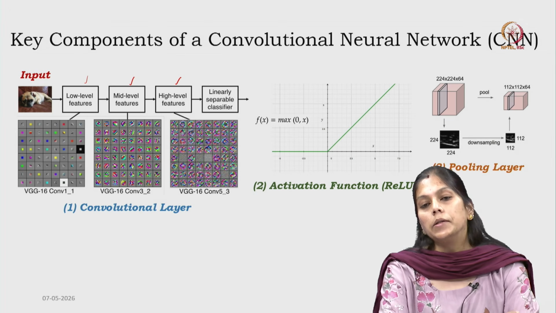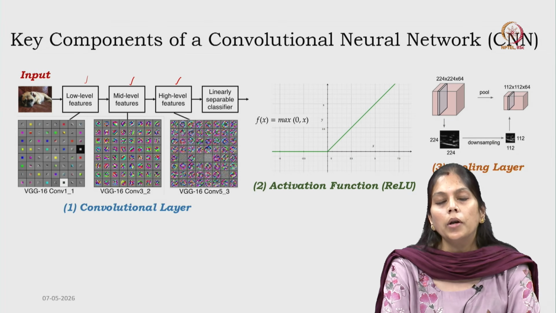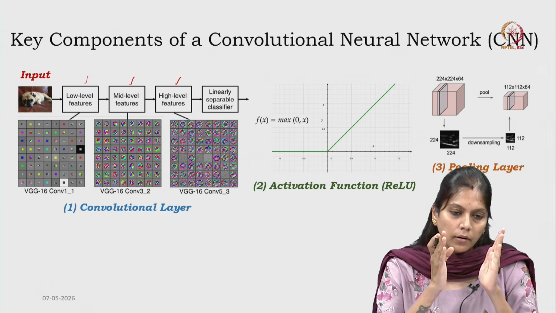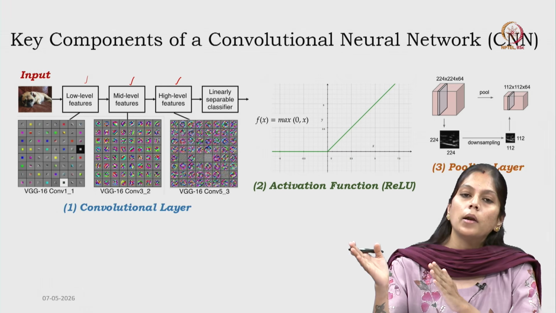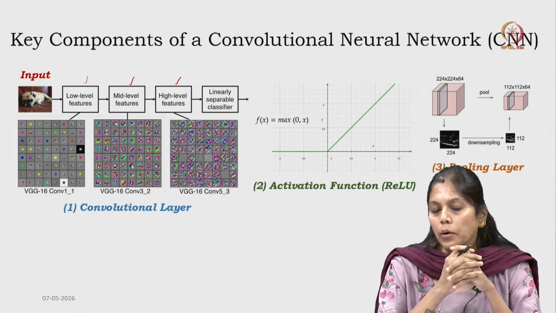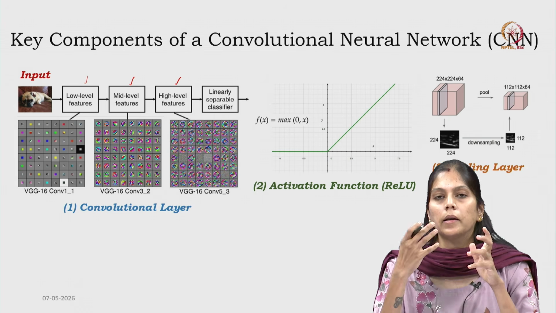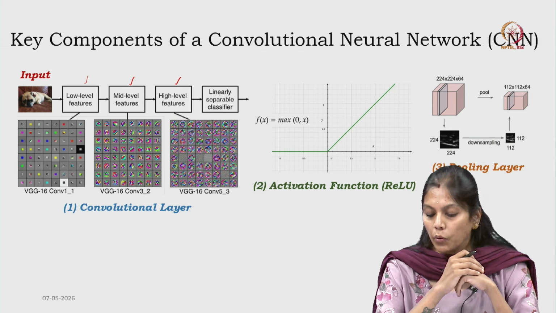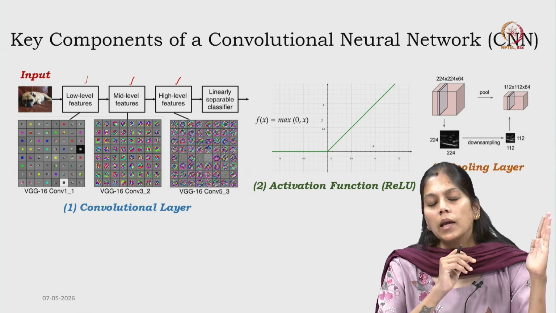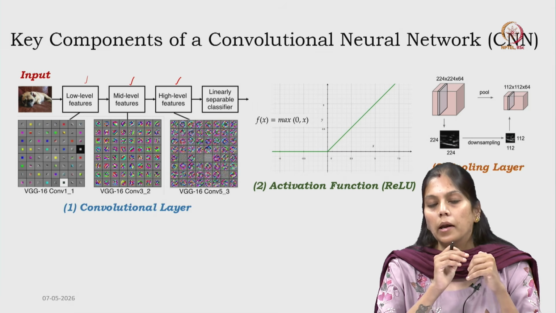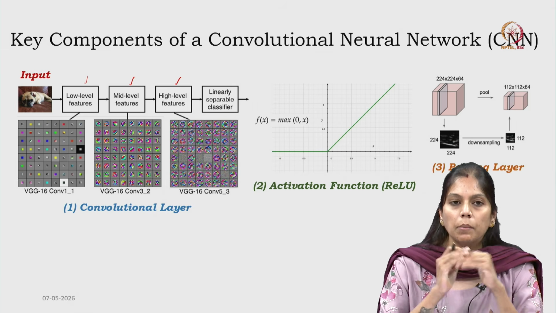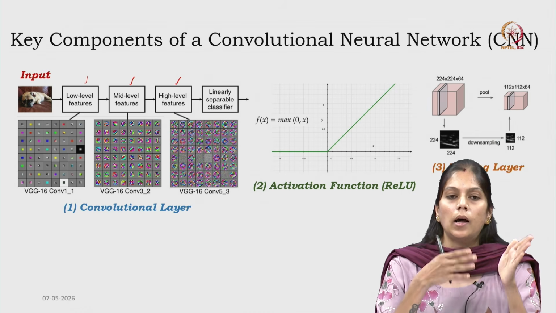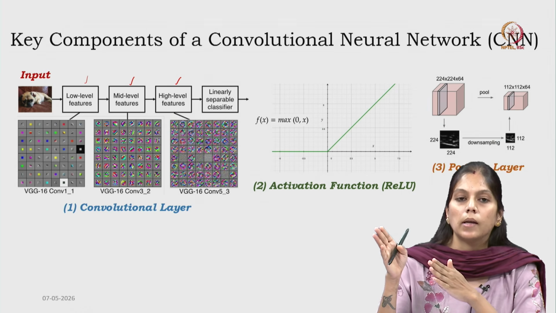So what exactly is a pooling layer responsible for? Ultimately, we will be passing the features to a fully connected neural network, because the fully connected network is responsible for classification or whatever operation that we want. But directly an image cannot be passed to a fully connected network. Why? Because the image size is large, and when the size is large, a large number of features will be passed as input.